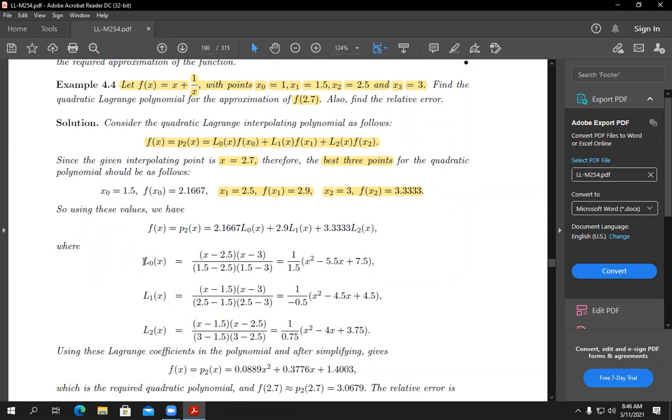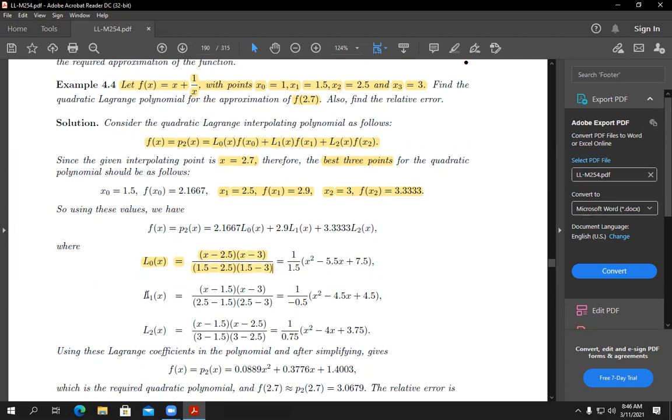Now this is f of x. There is no need to find the polynomial here, because x is already given by yourself. No need to do it separately. Just put x here, which is 2.7, and then you have some number.